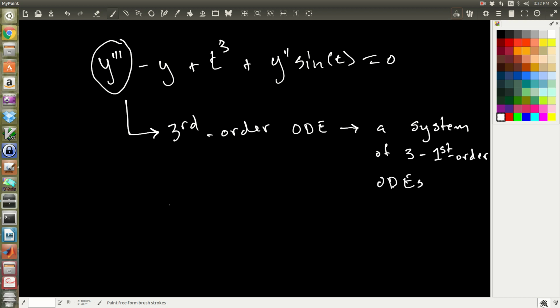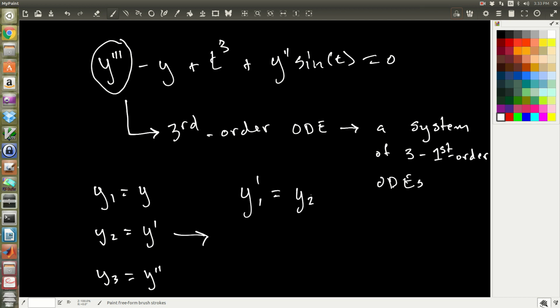Alright, so let's go ahead and do that by just defining some new variables. I'm going to define y1 to be equal to y, y2 to be equal to y prime, and y3 to be equal to y double prime. Now, that implies the following differential equations. y1 prime is just going to be equal to y2 because of the way we defined it. y2 prime is just going to be equal to y3.